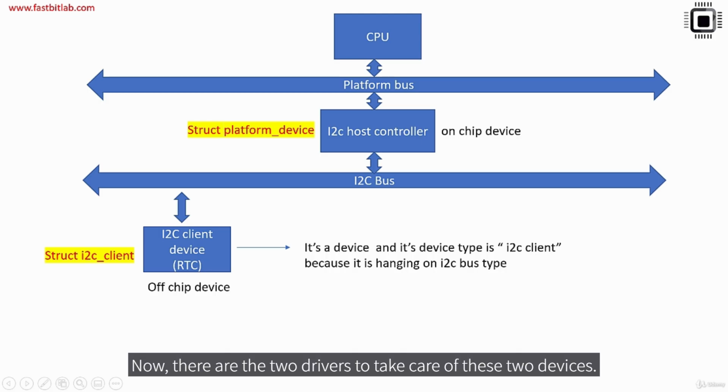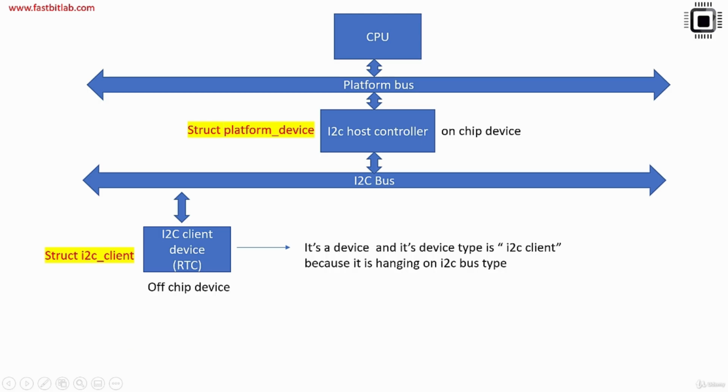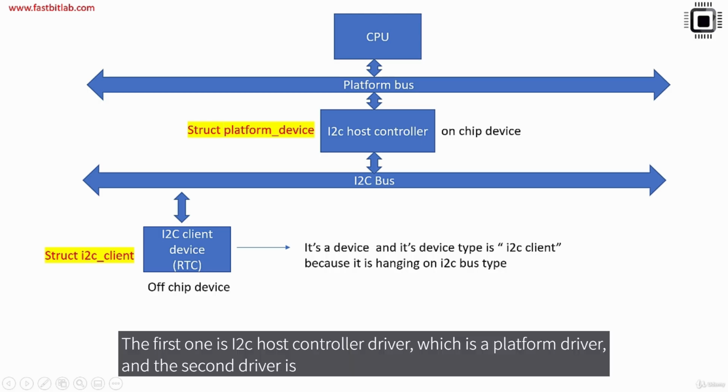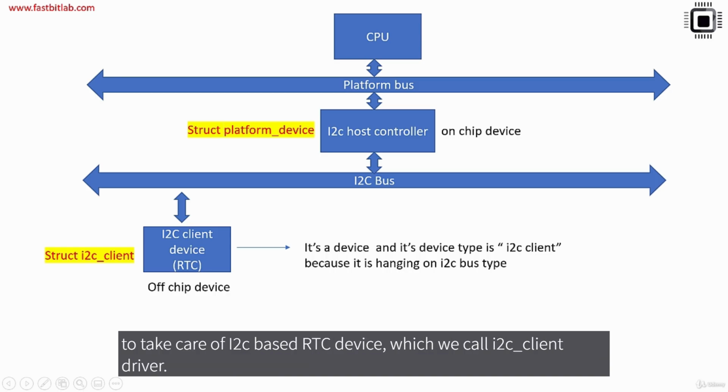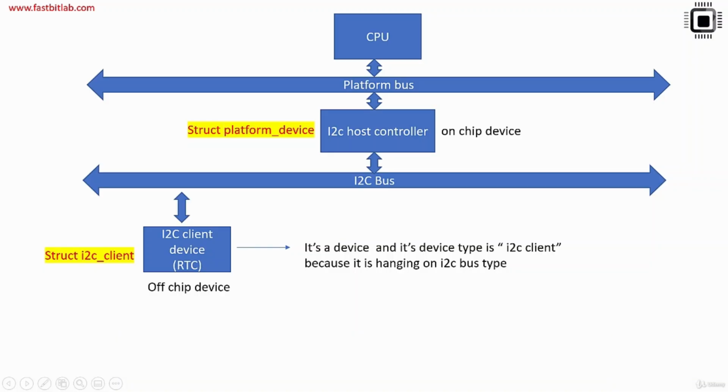Now there will be two drivers to take care of these two devices. The first one is the I2C host controller driver, which is a platform driver, and the second driver takes care of the I2C based RTC device, which we call the I2C client driver.